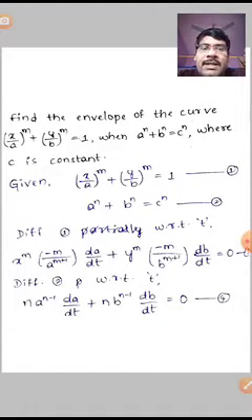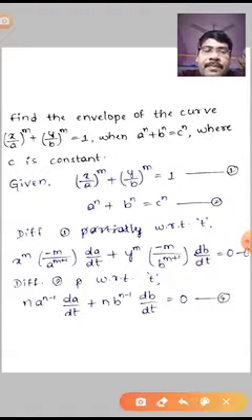Differentiate 1 partially with respect to t: x power m minus m by a power m plus 1 dA by dt, y power m minus m by b power m plus 1 dB by dt is equal to 0, equation 3.